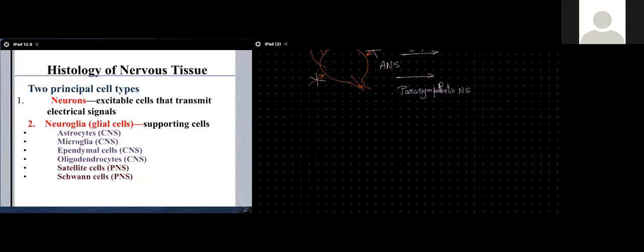I've posted this information earlier today as an announcement on Canvas, but it seems some people are not checking their Canvas.